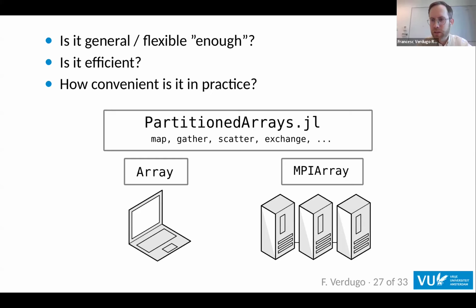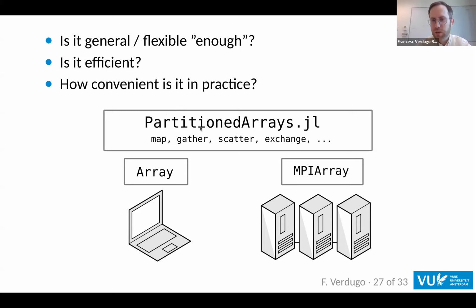First of all is, how general is this? Because MPI is really, really big. You have 1,000 pages in the MPI standard, and we don't have 1,000 pages in our documentation, so it's more restricted. So which kind of algorithms you can implement with partition arrays and which kind of algorithms you cannot implement? MPI is going to be much more general for sure.